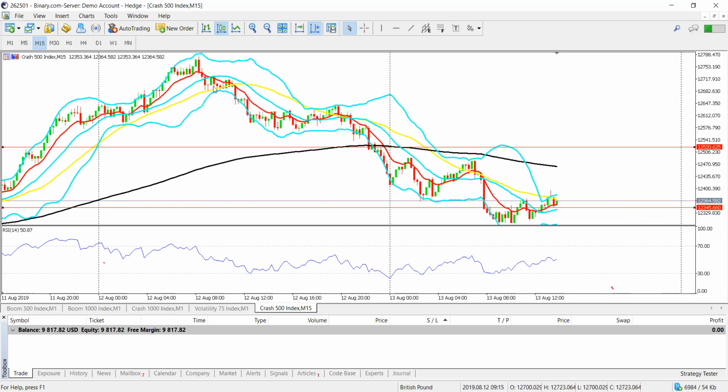So you can get ready to sell crash, right? And then when you see on support, you see green candles forming, then you know that it's gonna be a buy on crash.